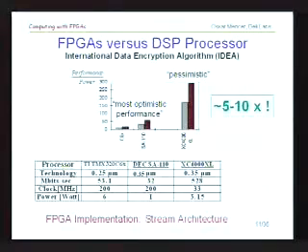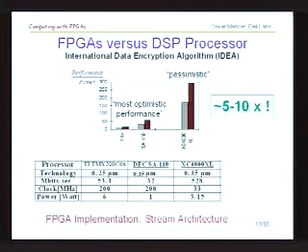Another example here is encryption. A couple of years ago, I was interested in seeing if there is a benefit of implementing an algorithm on an FPGA compared to a microprocessor in terms of power. So I ran this little example, implemented the encryption, tried to run it at as low a clock frequency as possible, and compared it to the most optimistic performance that I could imagine a microprocessor could ever get.